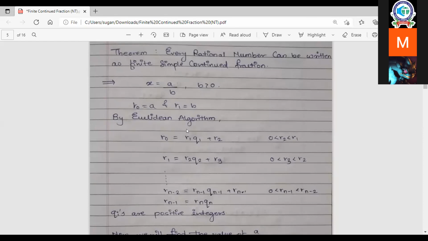By the Euclidean algorithm, we get R0 equal to R1 Q1 plus R2, where R2 is less than R1 and greater than 0.